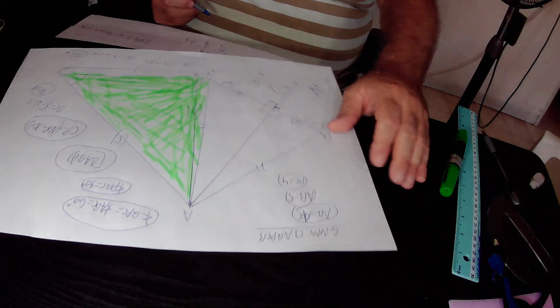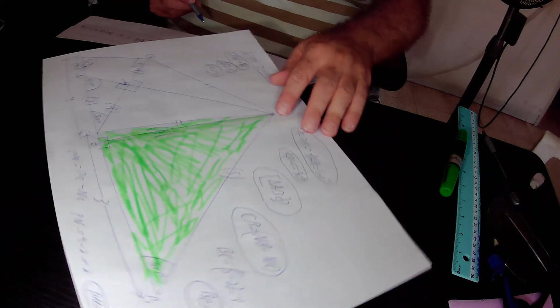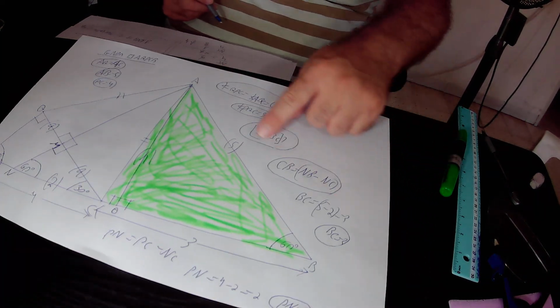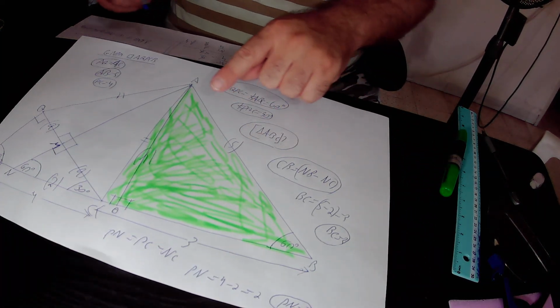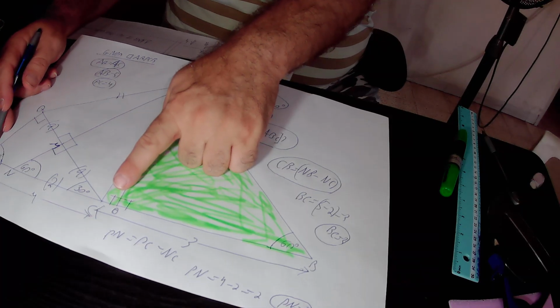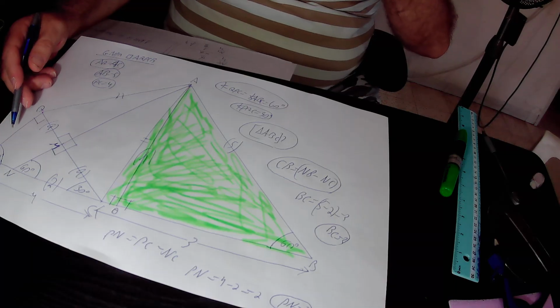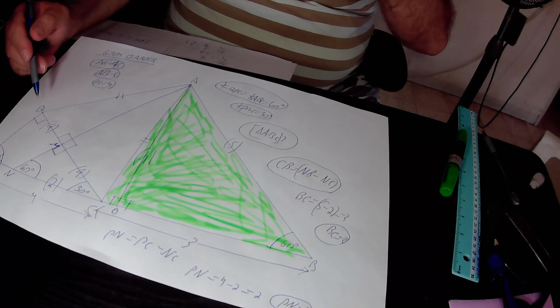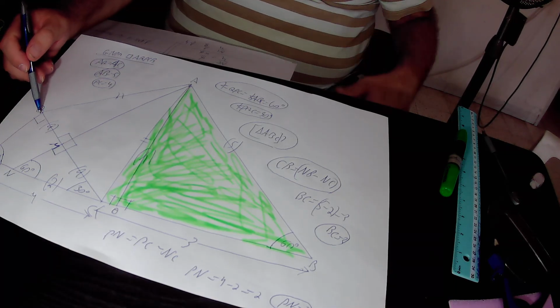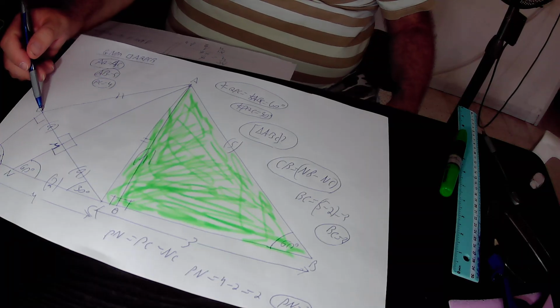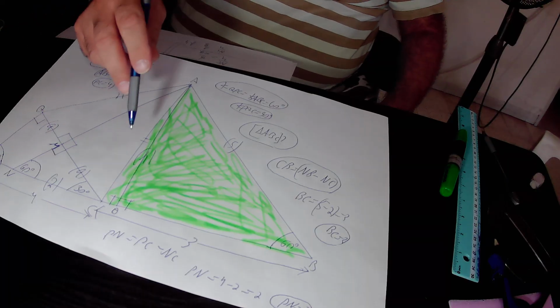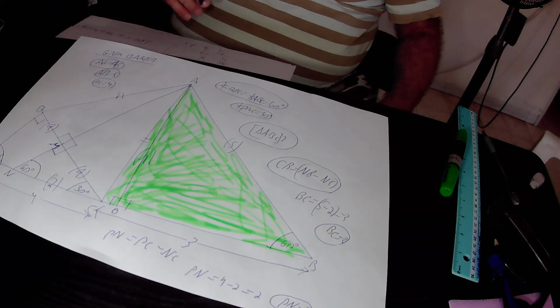We also know that AB equals 5 units in its length. This is the same with PC, that equals 4 units in its length. In addition, we know that this is angle PQC, that is a right angle. Again, our task is to find the area of this green triangle, triangle ABC.